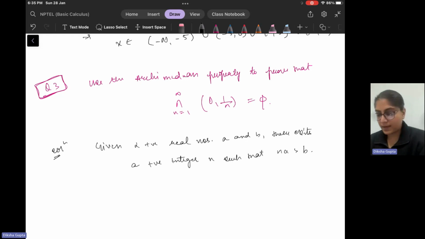Basically, for any real number, you can find a natural number greater than that, because the set of natural numbers is not bounded above.